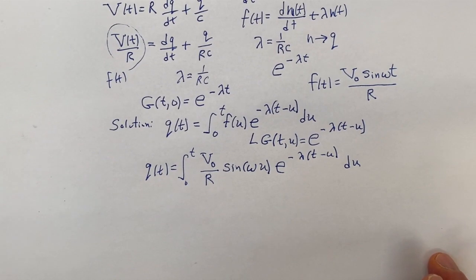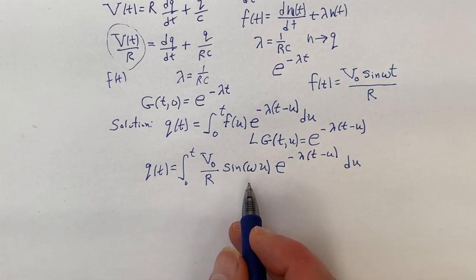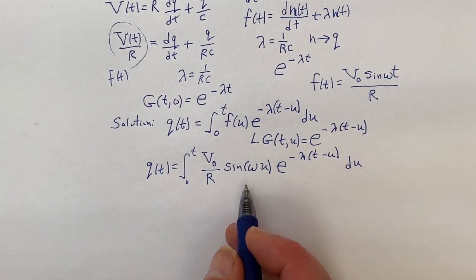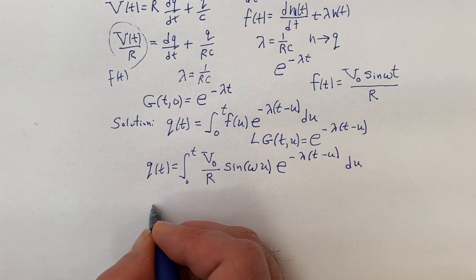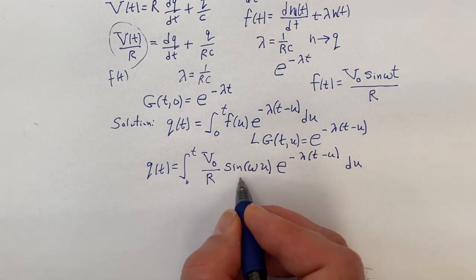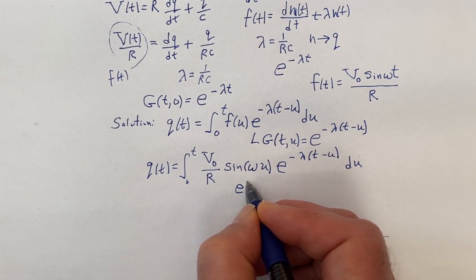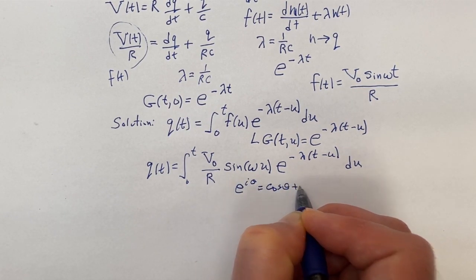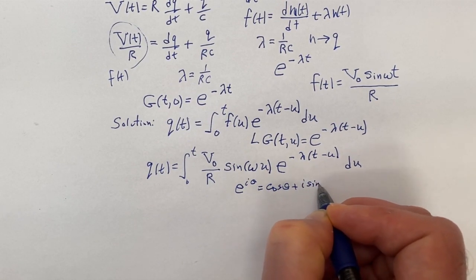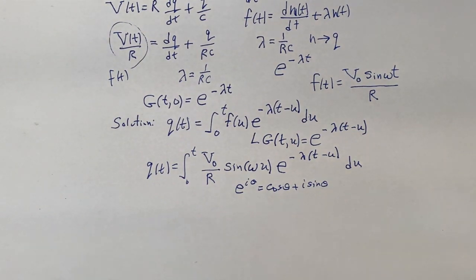So let's work this out. Now, the integral with the sine is a little scary, but integrals with exponentials are not. So we're going to use the Euler relation, where e to the i theta is cosine theta plus i sine theta. And then we'll take the imaginary part of the answer.